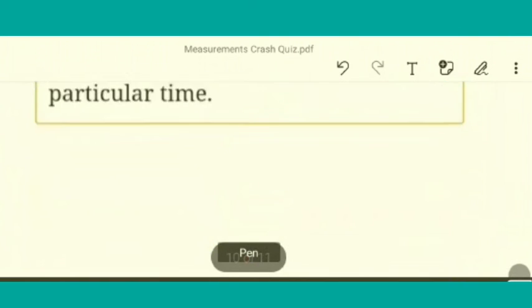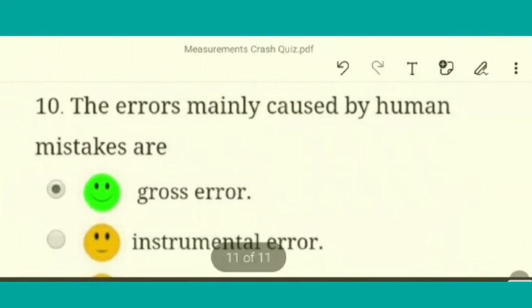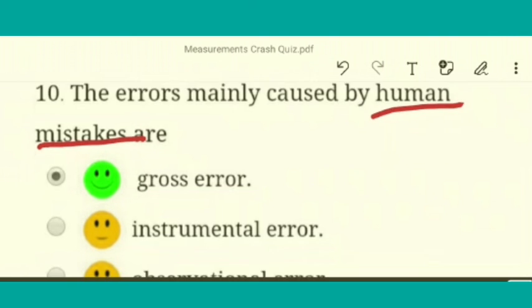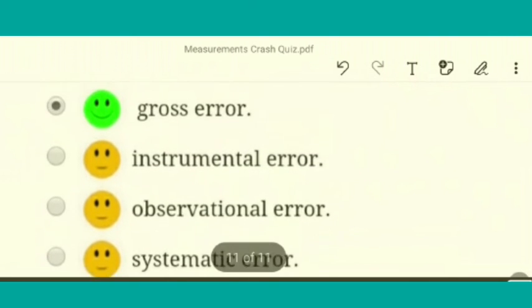Now moving towards our next question. Our next question is, the errors mainly caused by human mistakes are. It's a very simple question. The errors caused by human mistakes are the mistakes humans make while observing the measured value. Our options are gross error, instrumental error, observational error, and systematic error.